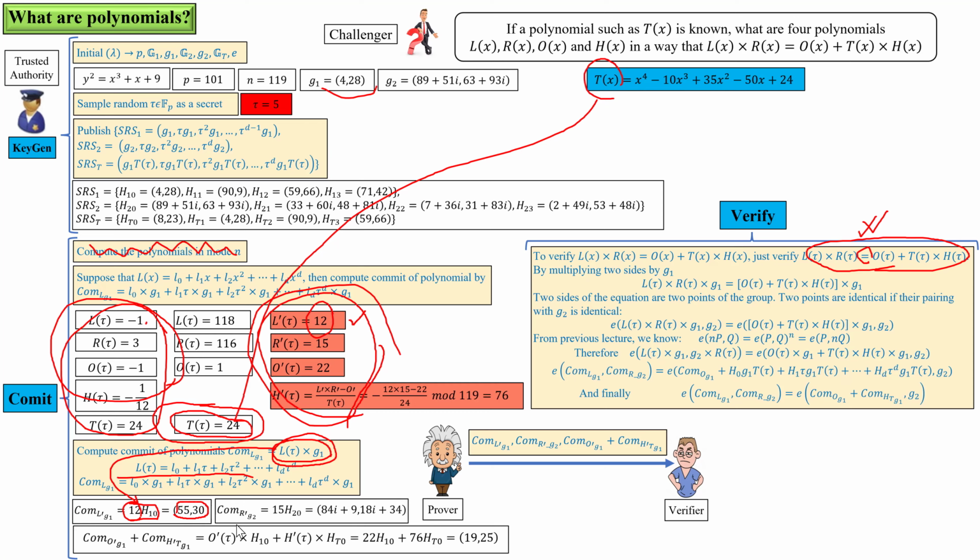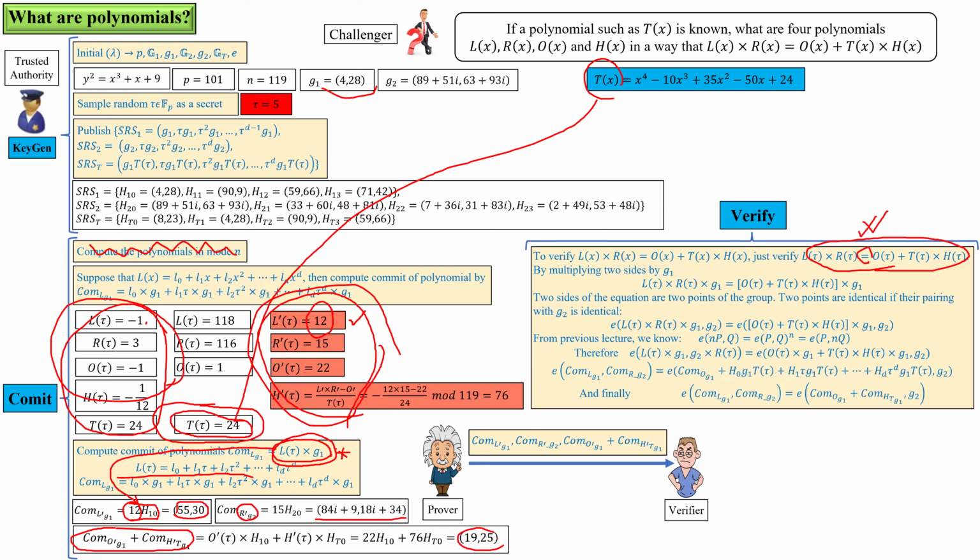So with the same formula, the prover computes the commit of R of tau, and then the commit would be this value, and then the prover computes the commits for the third polynomial O and H of tau using the fake evaluations and this formula.